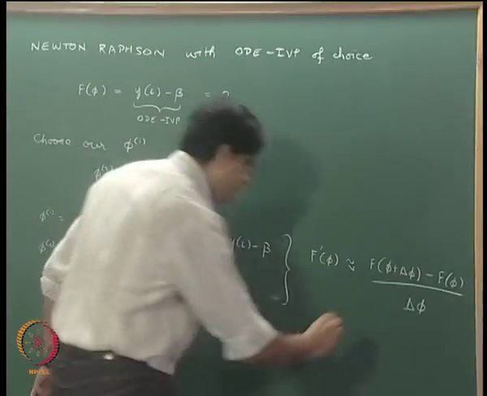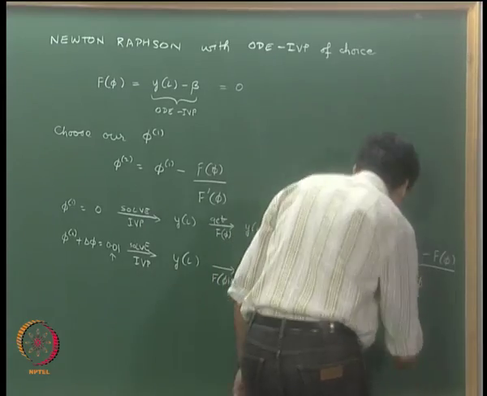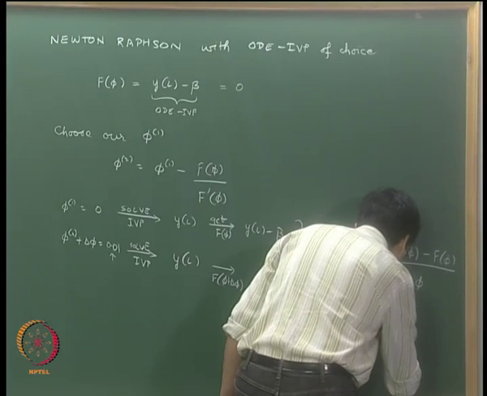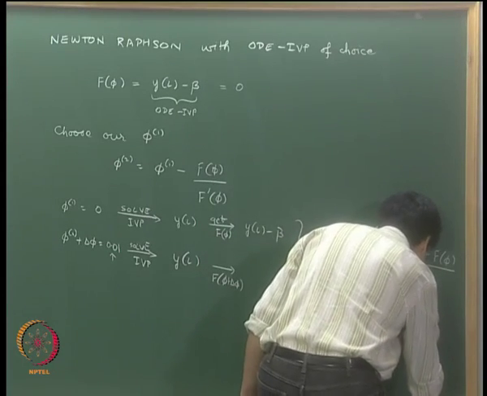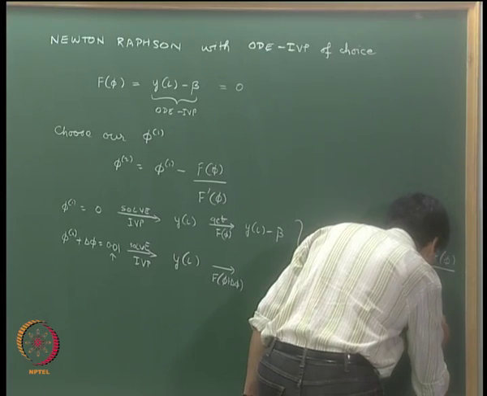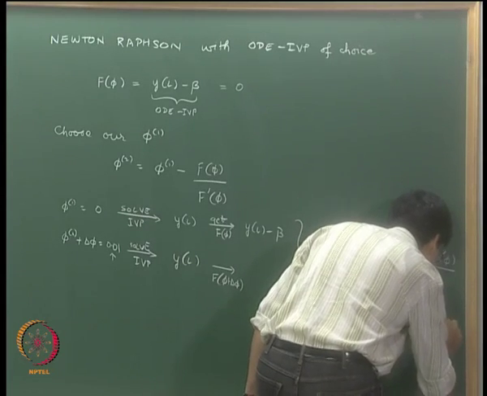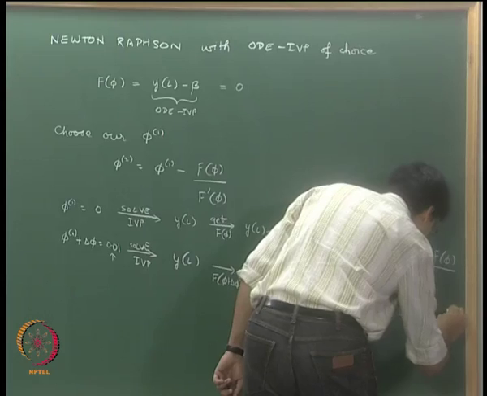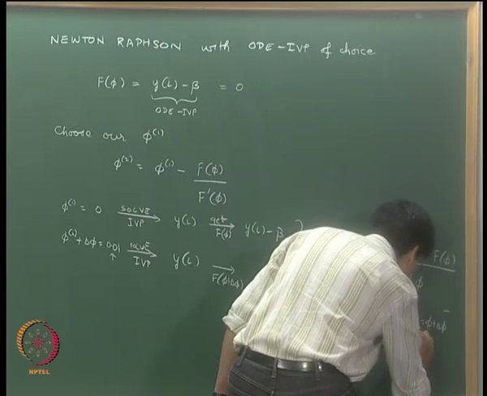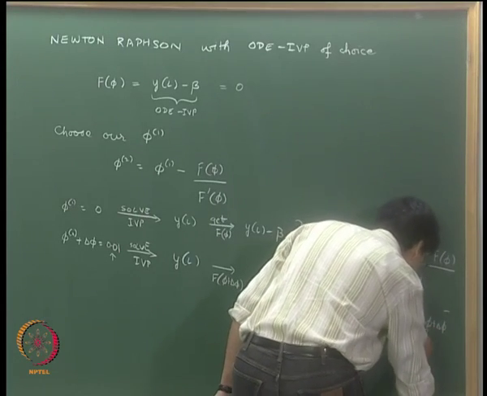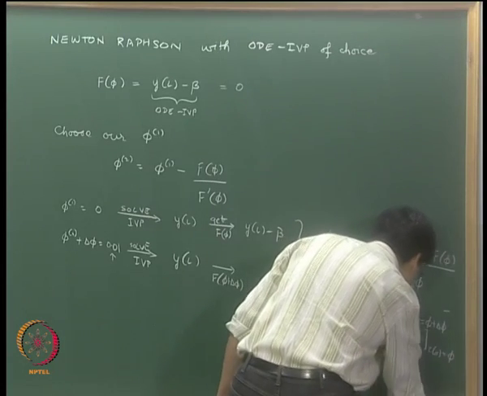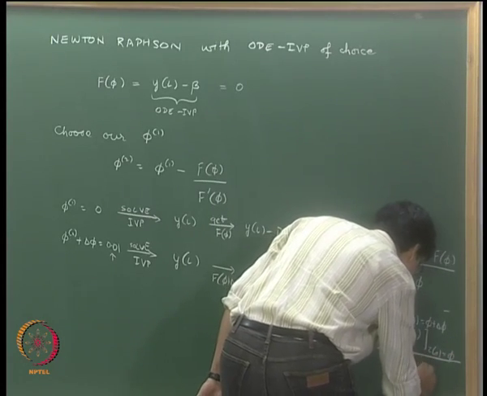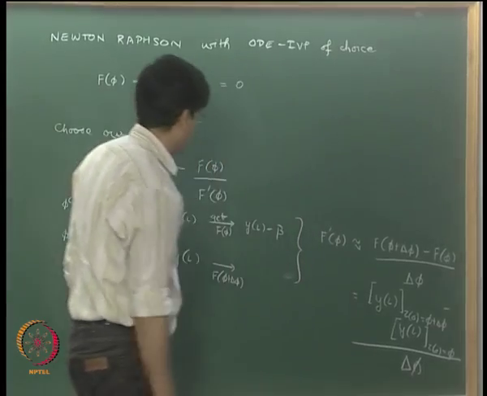Which we can write as equal to y of L computed with Z0 equal to phi plus delta phi, minus y of L computed using Z0 equal to phi, the whole thing divided by delta phi.